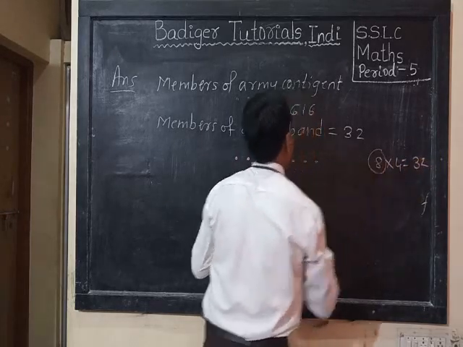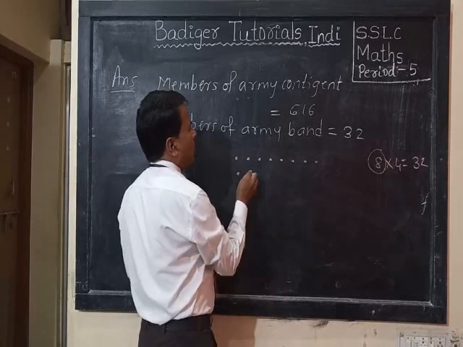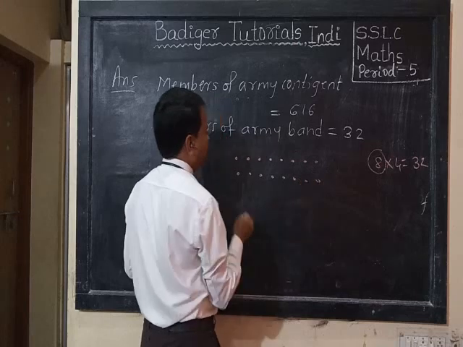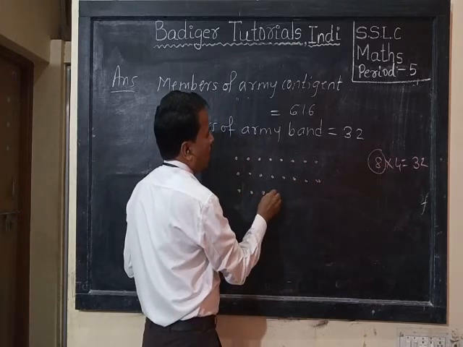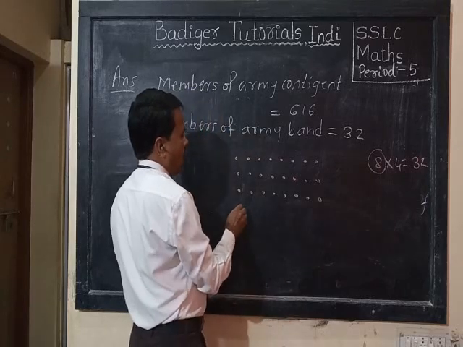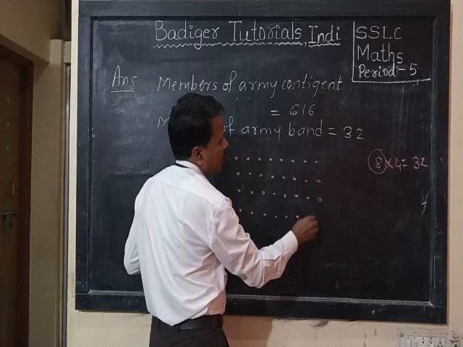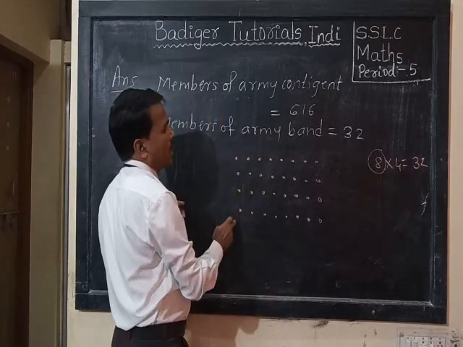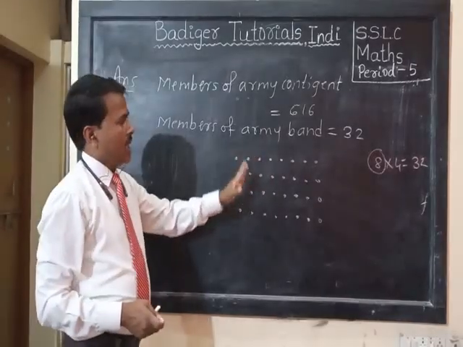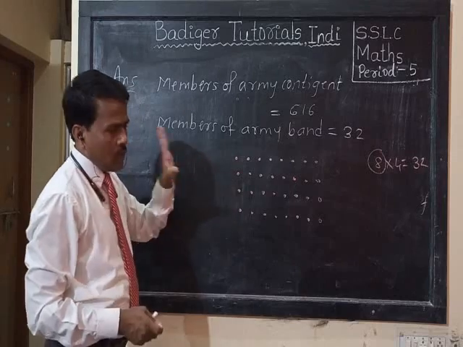So if they stand in 8 columns, we need 4 rows. These are the members of the army band. They are standing in 8 columns. They need to stand in 4 rows.